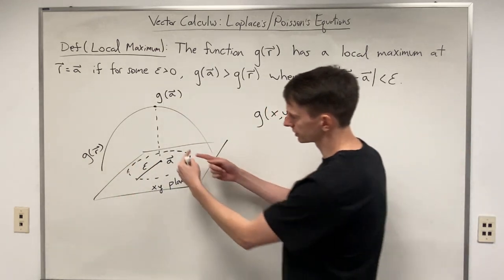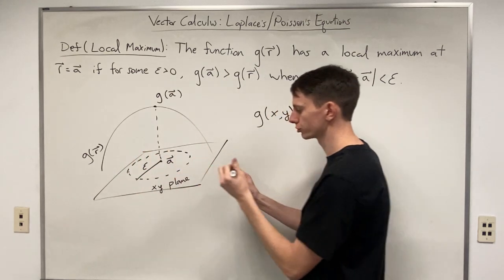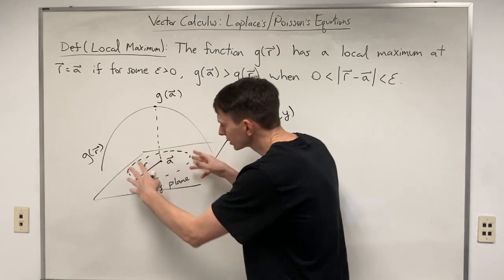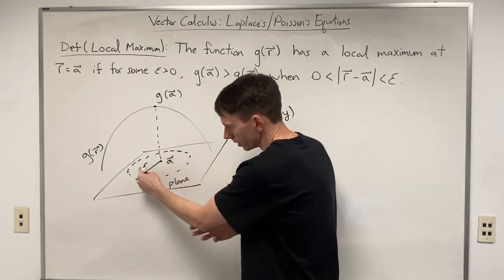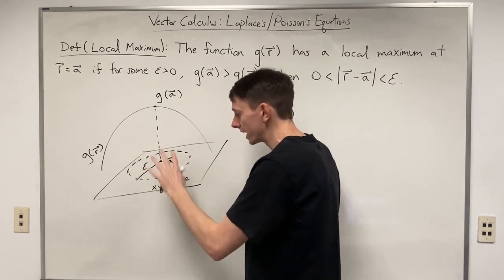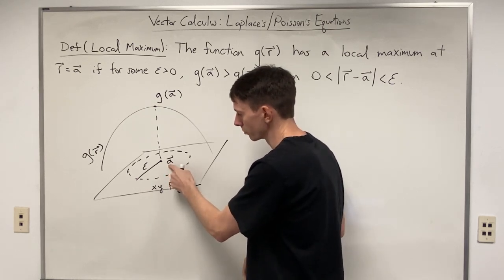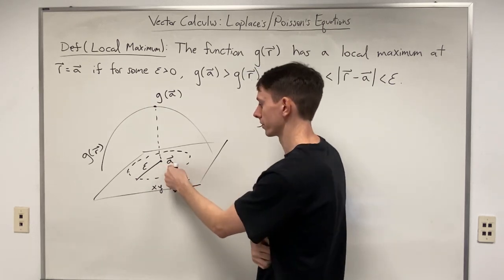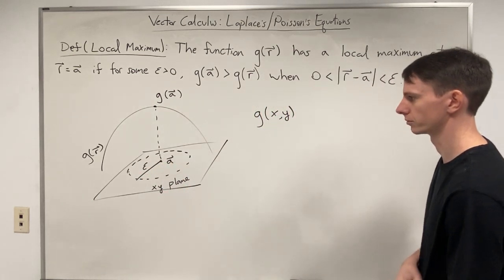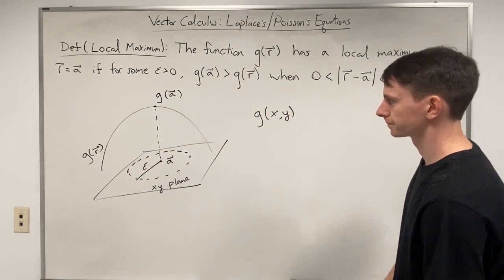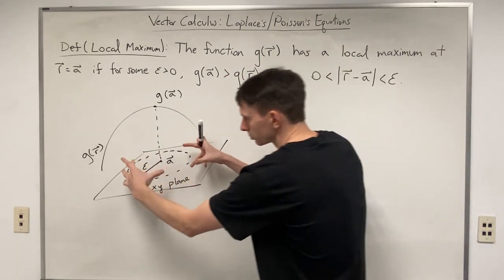So this dashed circle now provides a collection of points contained within a radius epsilon. So this is a neighborhood of points that includes this vector a right here, and a is going to act as the center of this circle. So it's saying for some value of epsilon greater than 0, that's what epsilon defines.